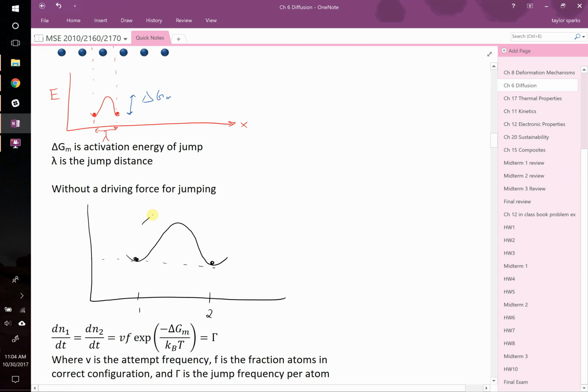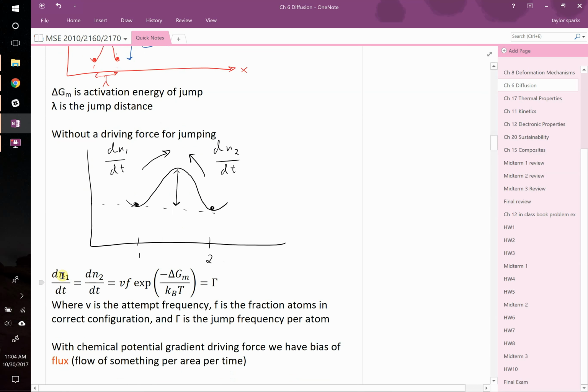Therefore, the rate of atoms jumping from site 1 to site 2, which we will call dN1 dt, is going to be equal to the rate of atoms jumping from site 2 back to site 1, which we'll call dN2 dt, right? Those will be equal to one another because this distance, this activation energy, if you will, delta Gm, is the same for both of these, right?